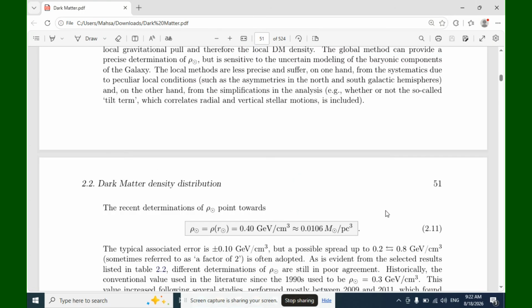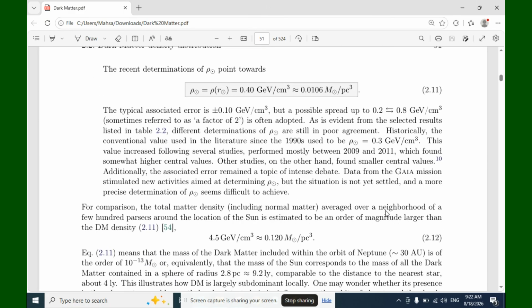and 2022. The recent determination of rho is rho_0 equal to 0.40 GeV per cubic centimeter, which is equal to 0.0106 M_sun per pc^3.